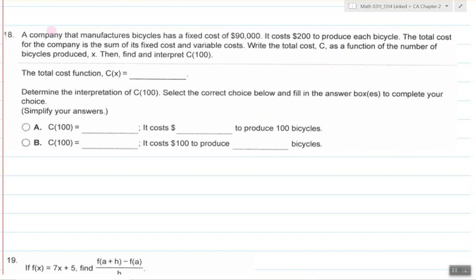A cost function, c of x, where x is the number of items. In this little story, it's going to be bicycles. It is a variable cost plus a fixed cost.